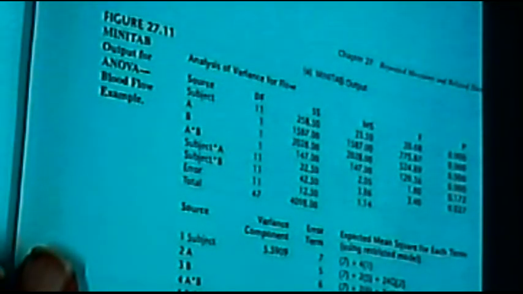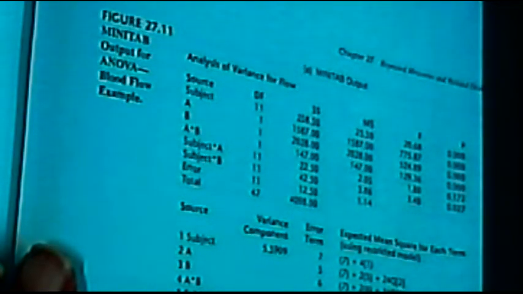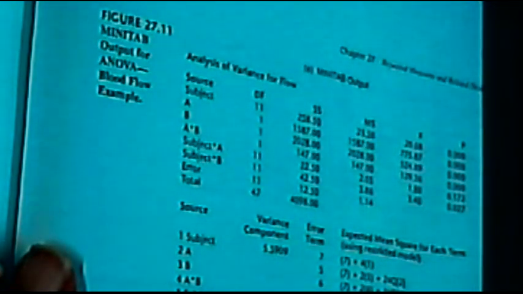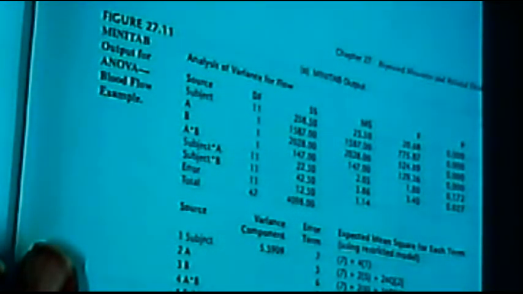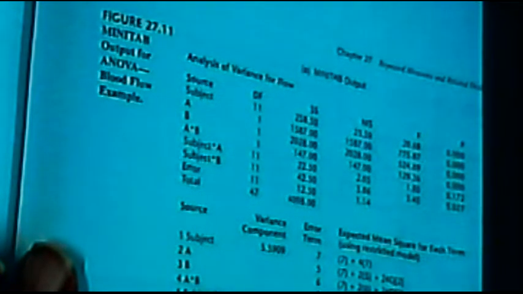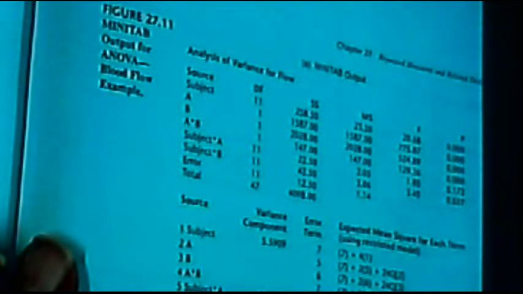It's of great interest to look at these expected mean squares that are given here, and then right ahead of it, it tells the denominator that's going to be used. So, for example, for the subject by B, the subject by A, and the AB interaction, the denominator is 7, the error, and that makes sense looking at these expected mean squares over here.